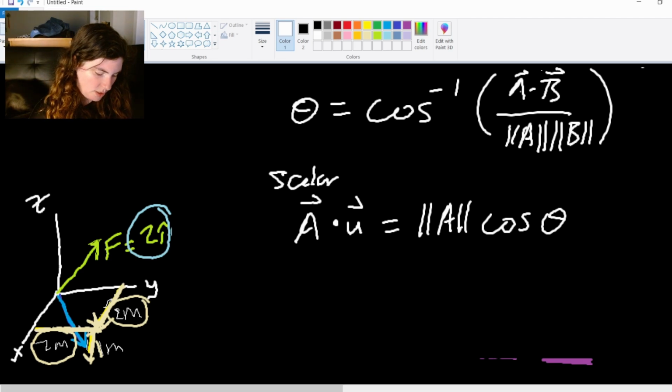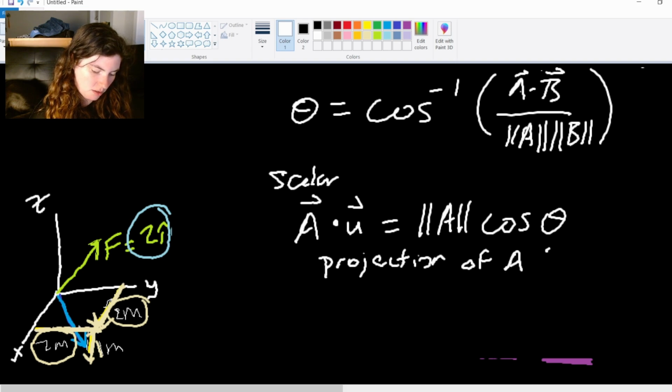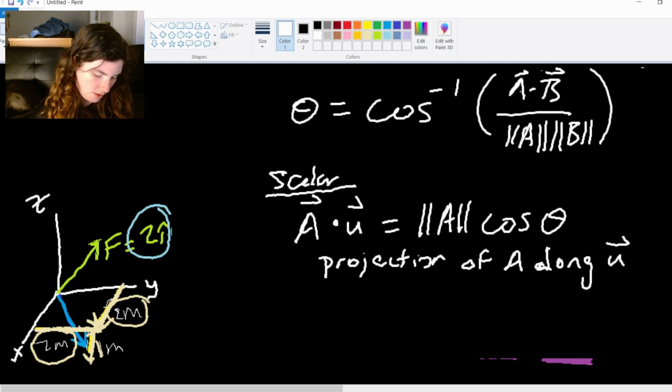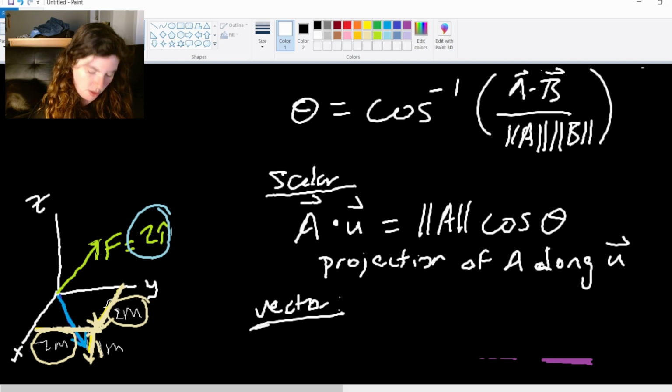And this is the value of the projection of A along vector u. This is the scalar form. If we want, we can get it in vector form, just as we did in this last example, which we also call the component form, the components along the line.